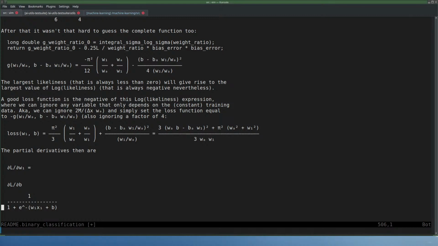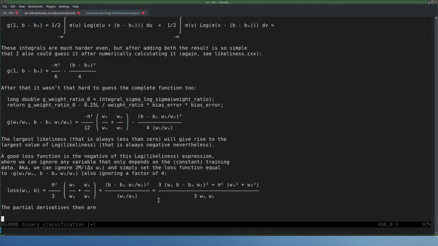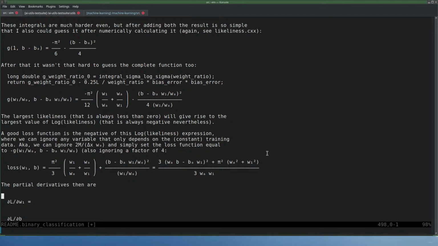Yeah, okay, I have to think about this for a long time again. I was so happy that I found the integral, and then it turns out that it's not immediately very useful.